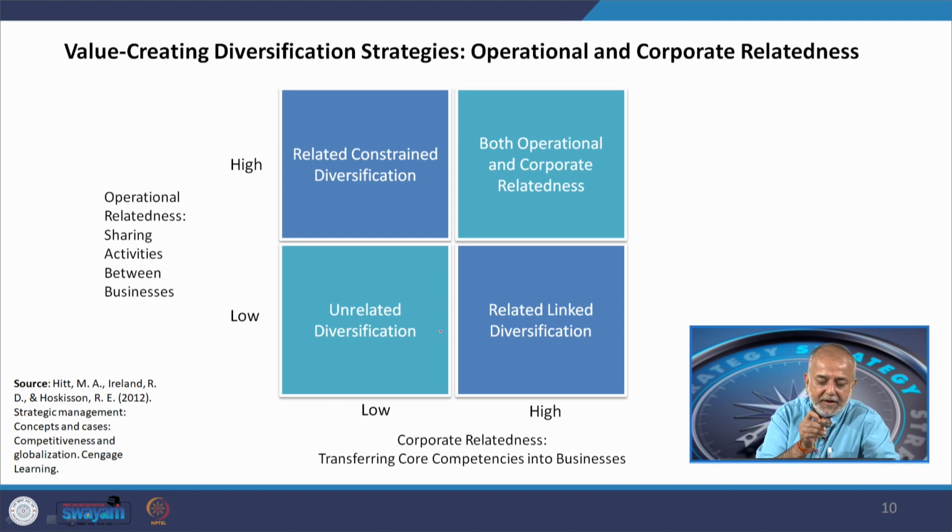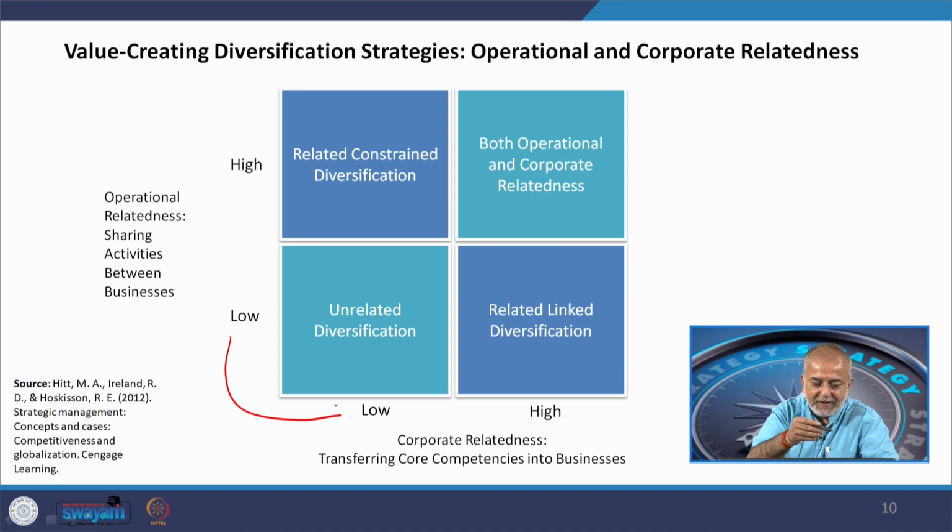So, operational relatedness: sharing activities between businesses. How do you share activities between businesses? There are many ways, but let us look at this matrix. There is a low level of sharing of activities between businesses, and a high level of sharing of activities between businesses, and then on the horizontal axis it is corporate relatedness, transferring core competencies into businesses, at low level and at high level. So, if both of these are low, it is unrelated diversification.